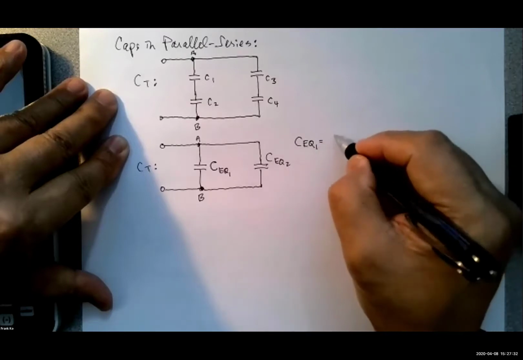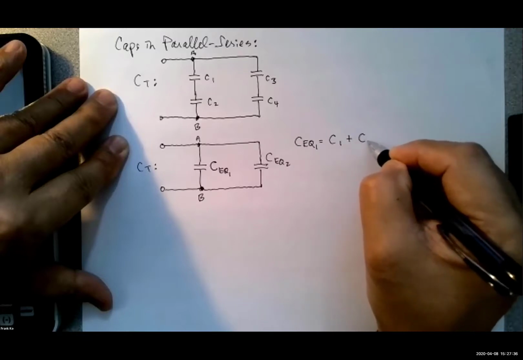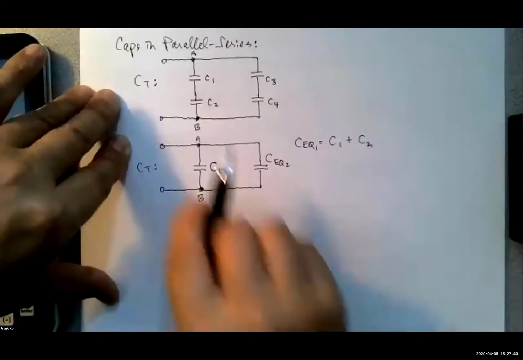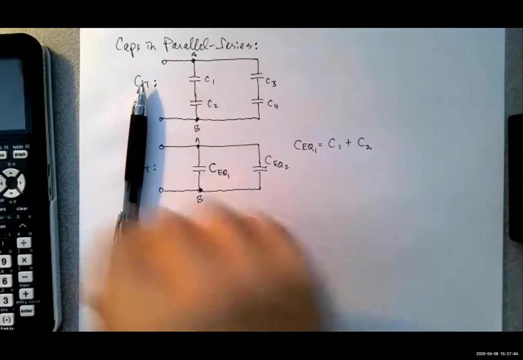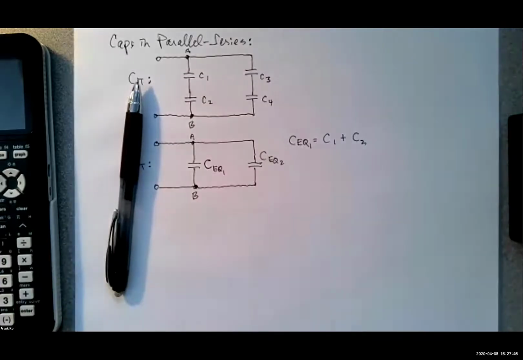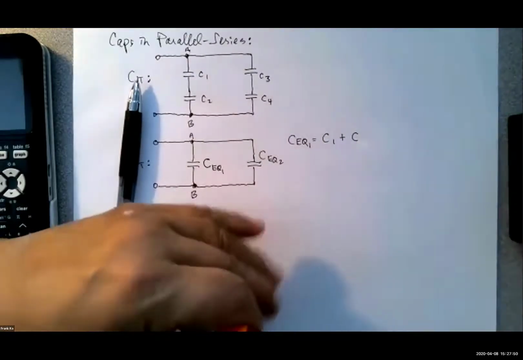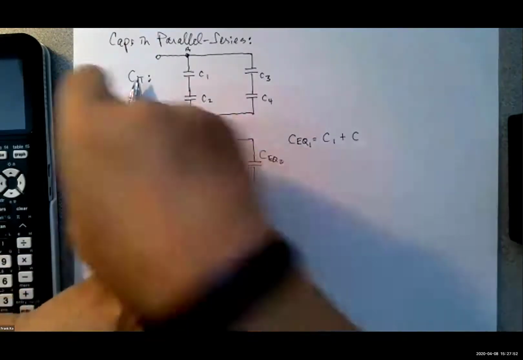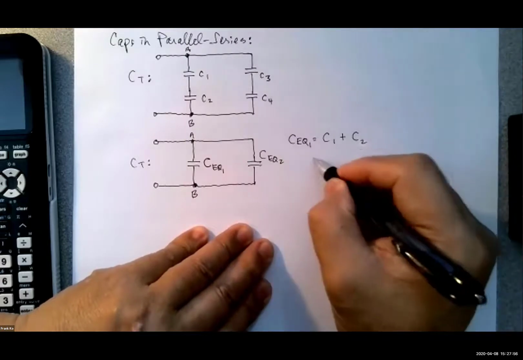And how do I determine the value of CEQ1? CEQ1 was C1 in series with C2. That's a series relationship, actually, so as not to cause any confusion. We write it this way, C1 plus C2.